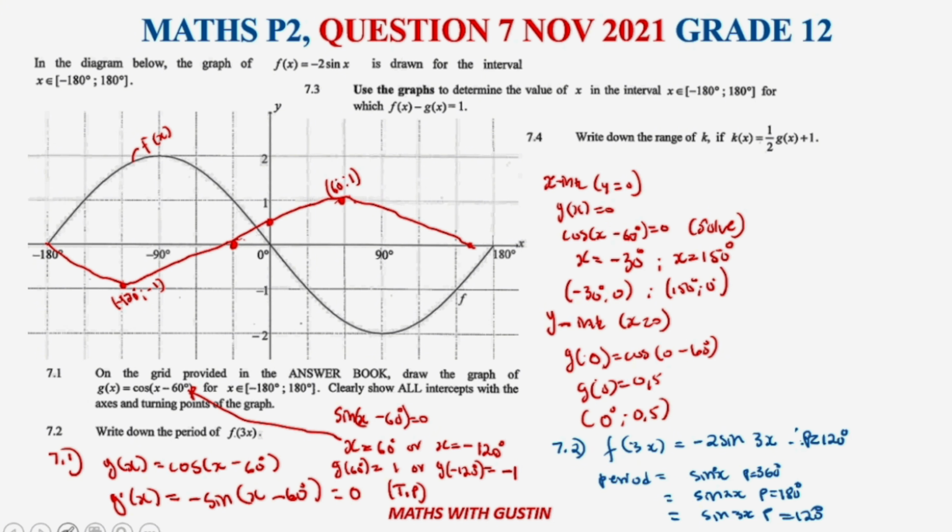Now what does this mean? I always try to explain this in a different way. It means find the points of x between this interval where the two graphs, when you minus them together, will give you 1. So it simply means if you were to minus the y value of f minus the y value of g, their difference must give you 1.